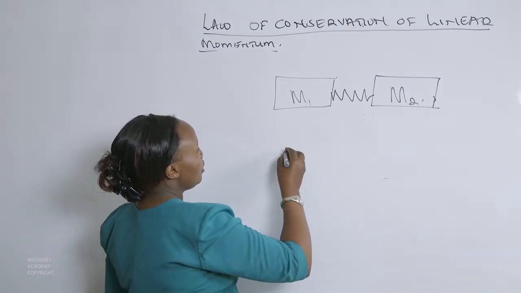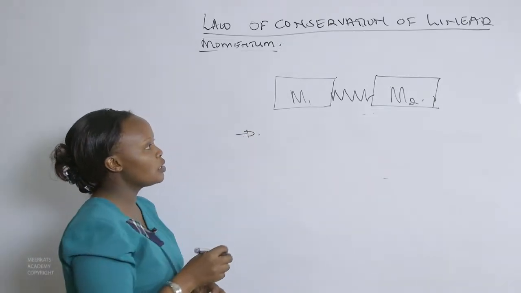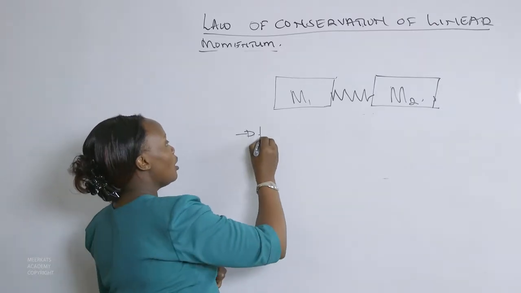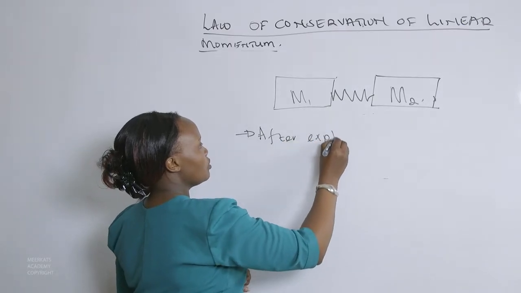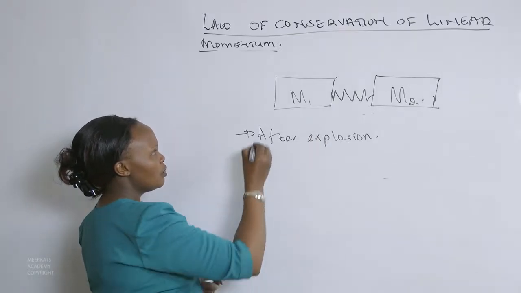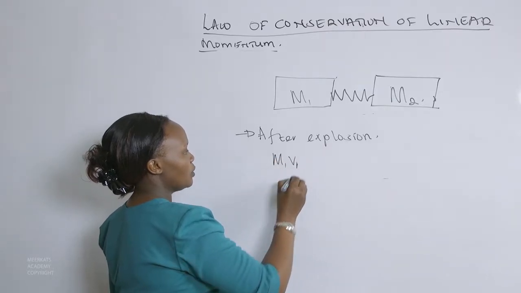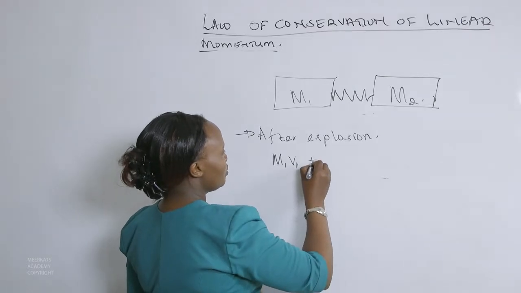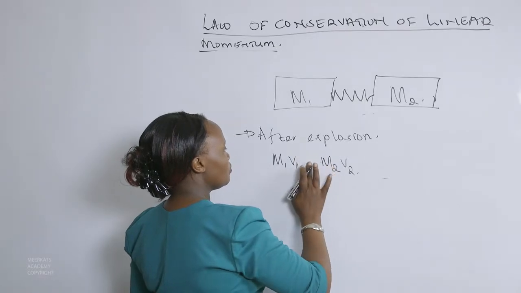So, let us talk about their momentums after the explosion. After explosion, momentum will be m1 v1, while the momentum of the second one will be m2 v2.